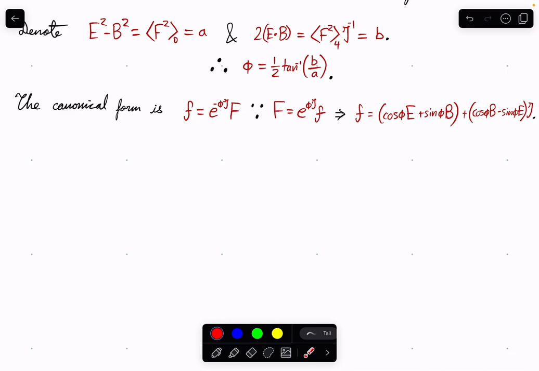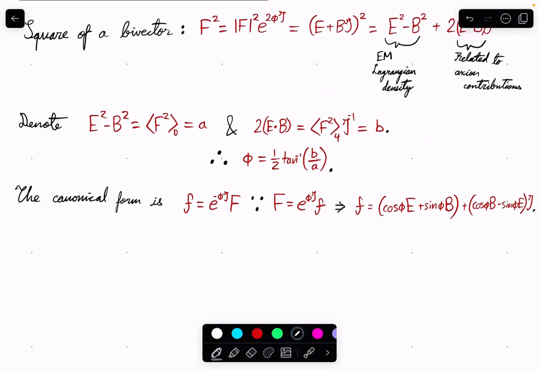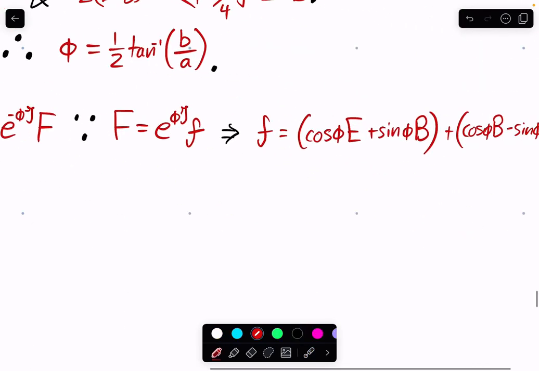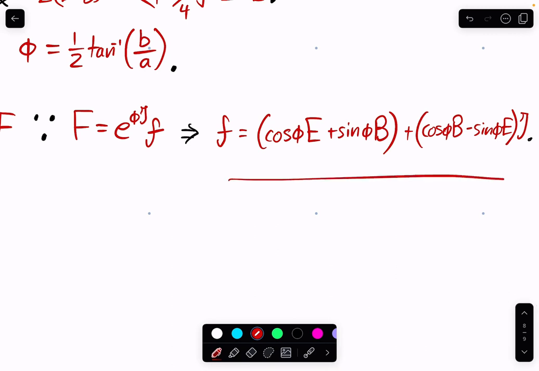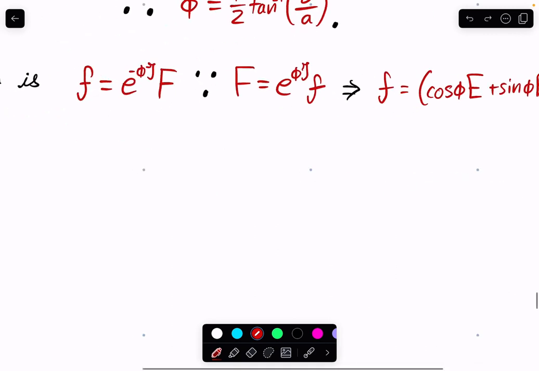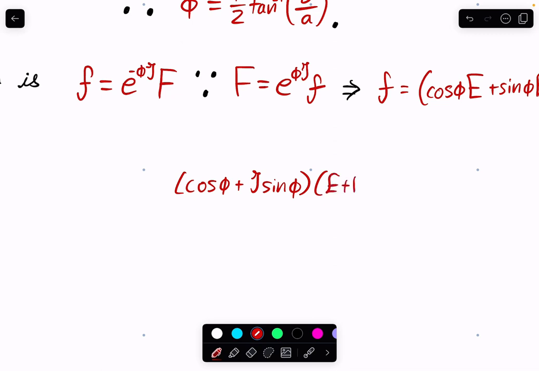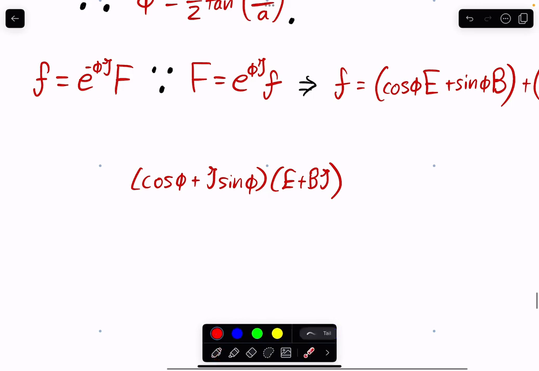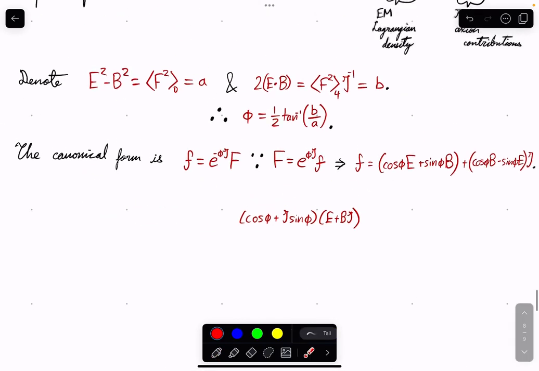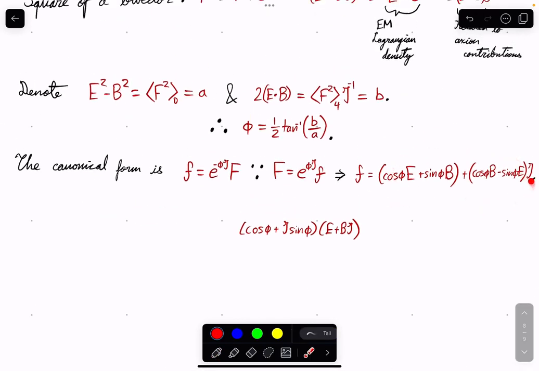This just happens when you expand out. The reason why this equality holds is because of cosine phi plus I sine phi times E plus B I. If you expand this out, FOIL it, then you get this result right here.